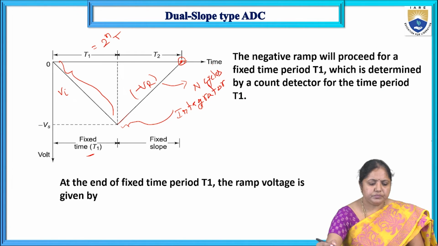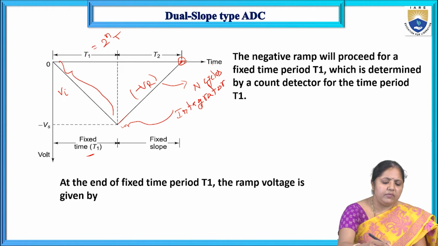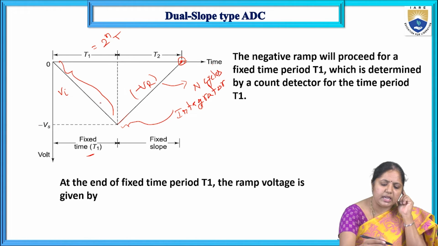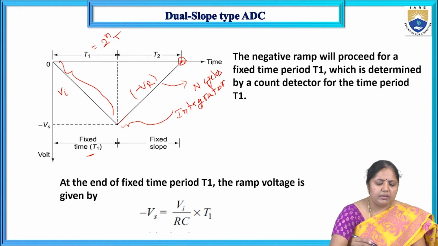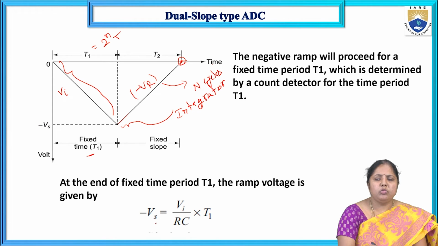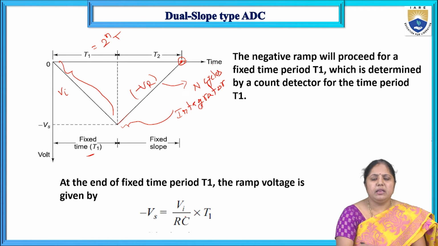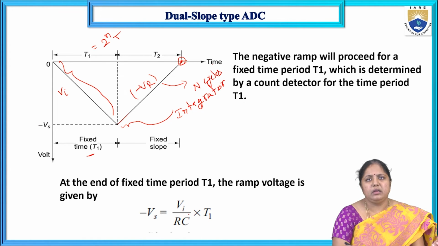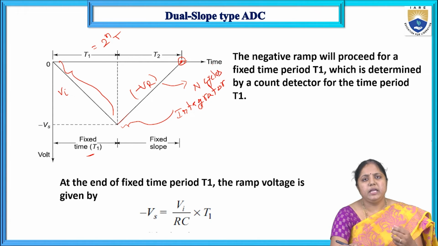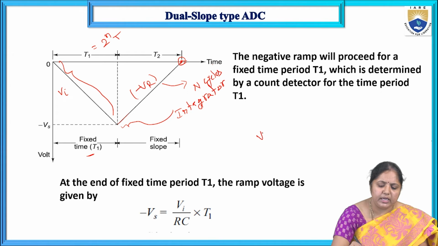Now, what is the time taken for this conversion process? This time T1 is given by minus Vs equal to Vi by Rc into T1. Why have I taken the minus? Suppose the input of the integrator is Vi, then the output of the integrator is Vs equal to minus 1 by Rc into the integral of Vi into dt.